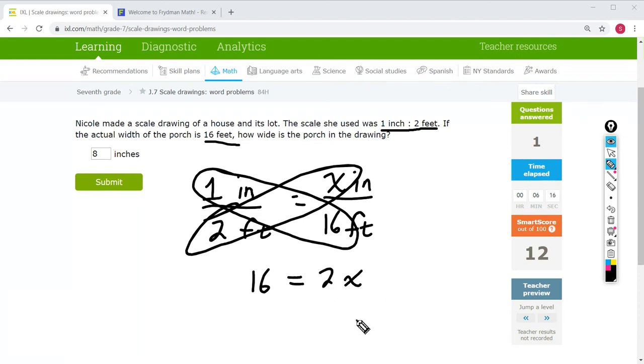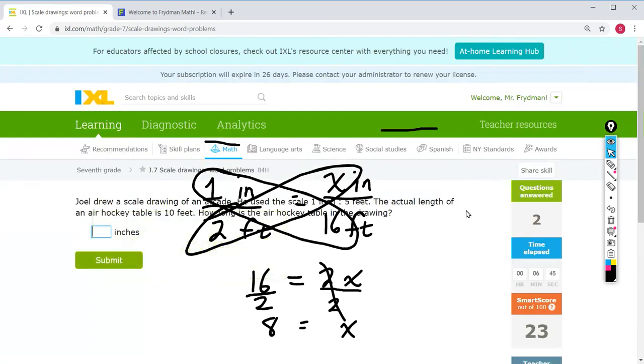And then we want to get the x by itself. So this is 2 times x. The inverse of multiplication is division. So we will divide both sides by 2. Cancels over there, and we get x equals 8. So that's another way that we could have figured it out. But anyway, that's our answer, 8 inches. So if 1 inch corresponds to 2 feet, then 16 feet would correspond to 8 inches. Let's hit submit.